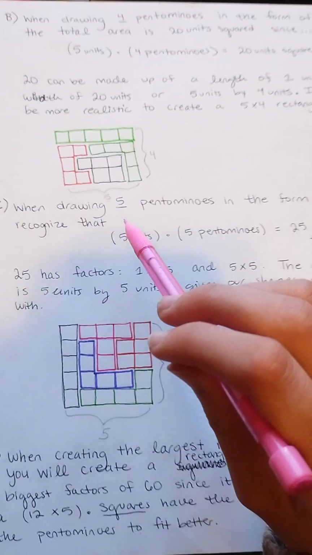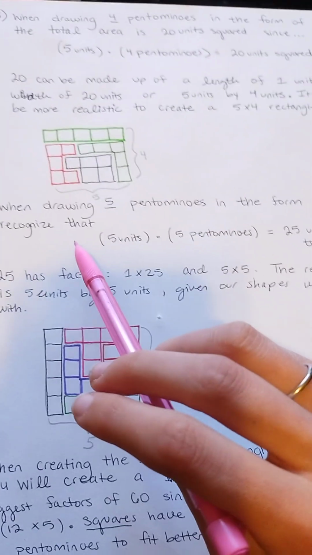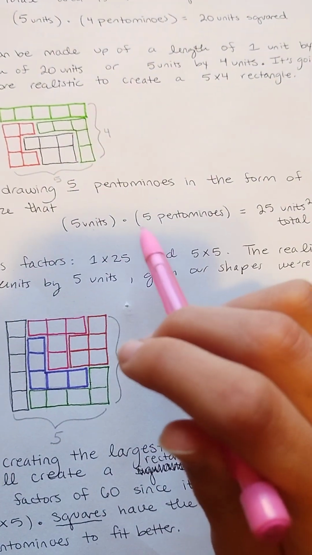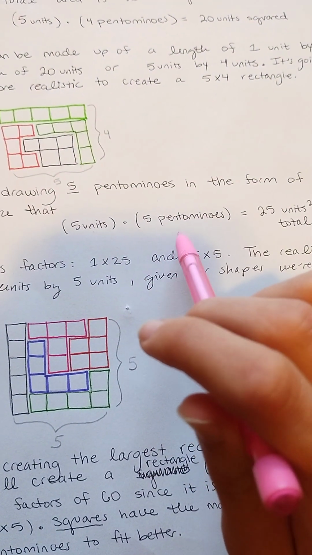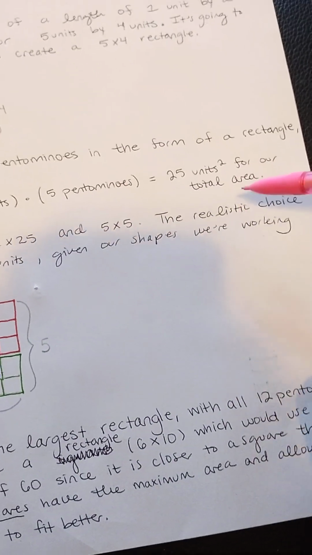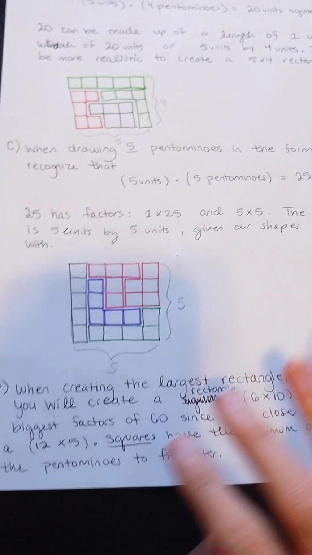Now, let's see if we can draw 5 pentominoes in the form of a rectangle, recognizing that 5 units multiplied by our desired number of pentominoes gets us 25 units squared for the total area.